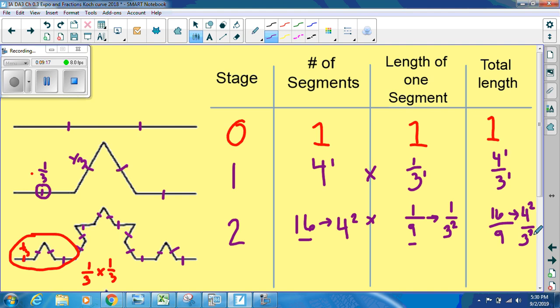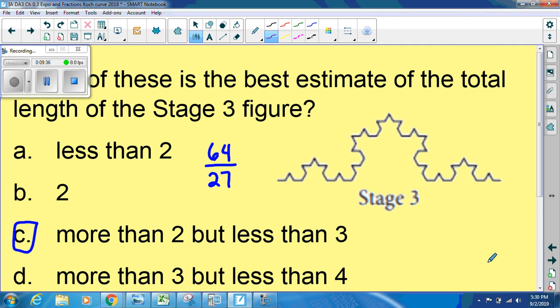So really it looks like all I'm doing from stage to stage is multiplying by that value again. So 4 to the first, 4 squared. Now I would say at stage 3, if we follow that pattern, I would probably have 4 cubed, and in my denominator, 3 cubed. Let's take a look at that a little bit further. Okay, let's erase that.